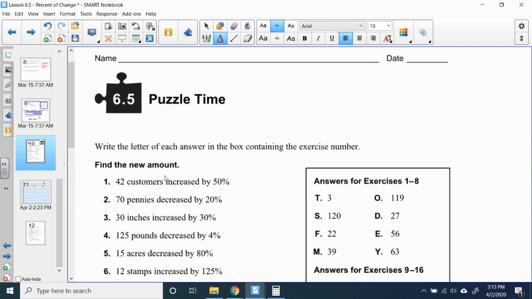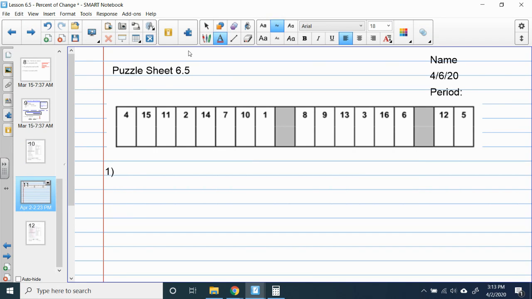This is one where it says find the new amount, and we have 42 customers and it's being increased by 50%. After I find my answer, it's going to be one of the answers here at the top, and I'll just have to pick which one it is once I do my work. So 42 customers increased by 50%. I'll do my work using the percent equation.